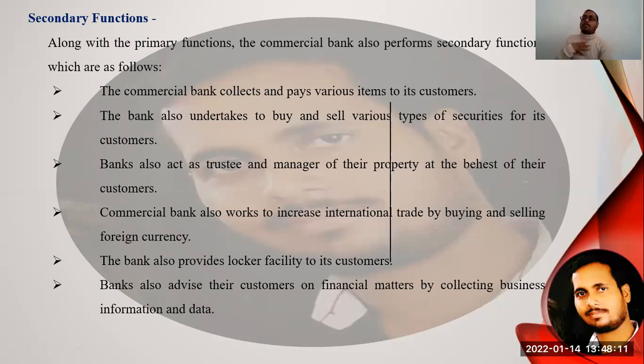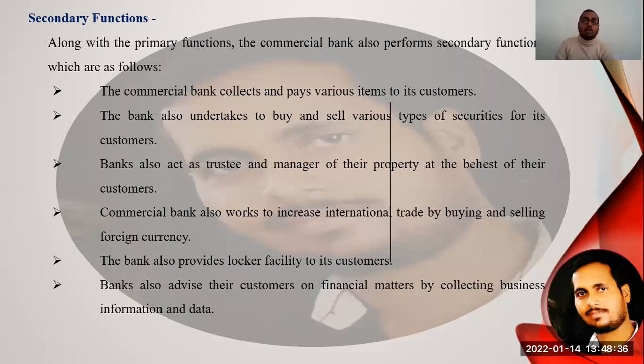If I'm a person and I have an account and we have a credit on 2, 3, 4, 5 people from our city or other cities, then those people should pay the amounts into our account and the bank collects it and provides the credit to our account. So this is a secondary function of the bank, students.